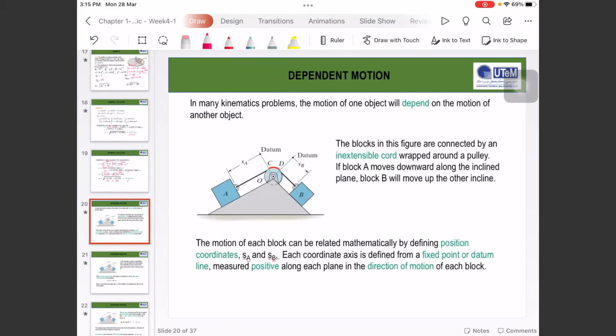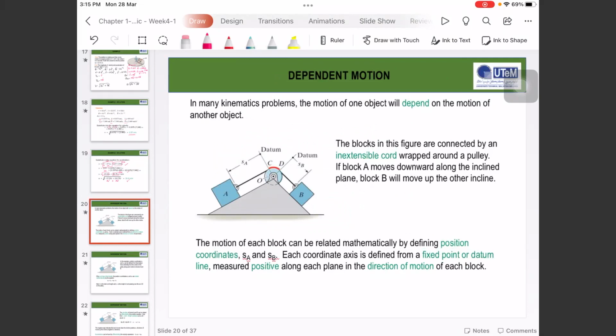Dependent motions. In many kinematics problems, the motion of one object will depend on the motion of another object. For example, the blocks in this figure are connected by an inextensible cord.